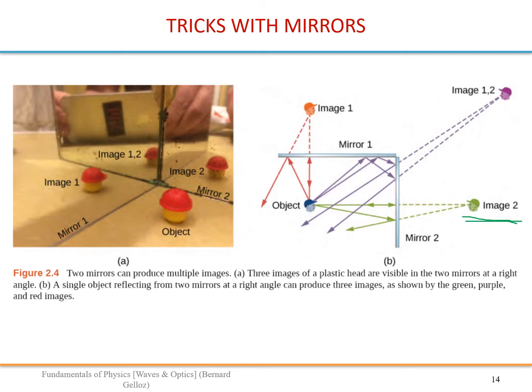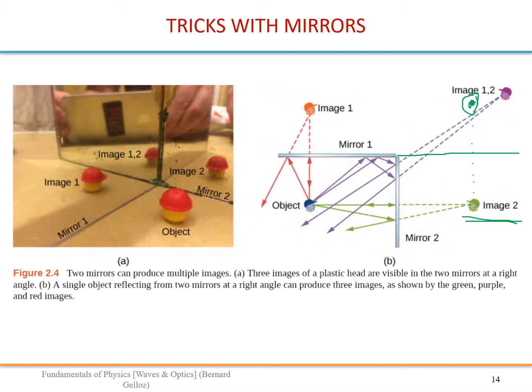You take that image 2 as an object for mirror 1, and the image of that green image 2 is, by definition, the symmetric with respect to that green line, so it will be around here.